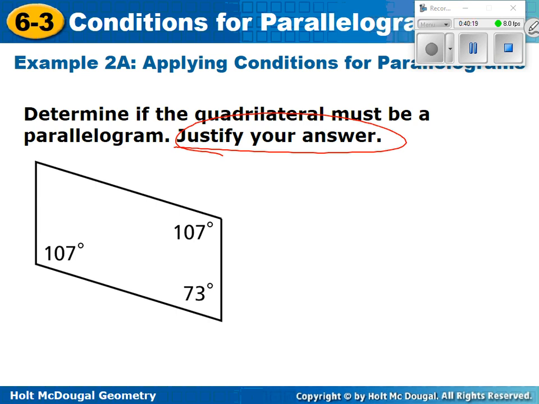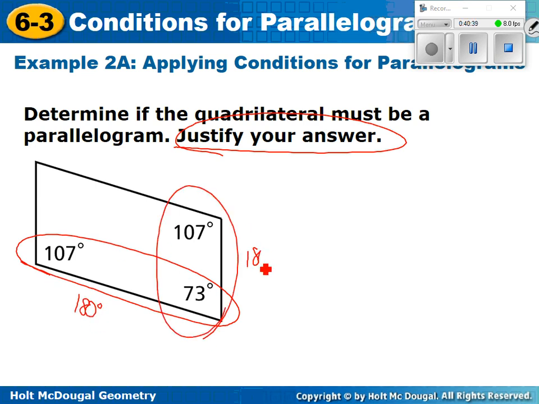So when you look at this picture, would you say this is or is not a parallelogram? It is, okay? And which property would you say backs that up? Good. One angle is supplementary to both of its consecutive angles. These two add to be 180. These two add to be 180.